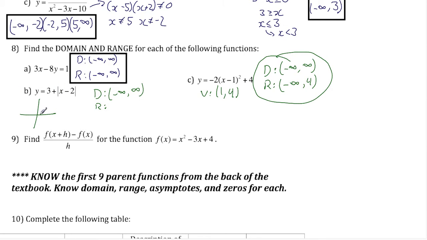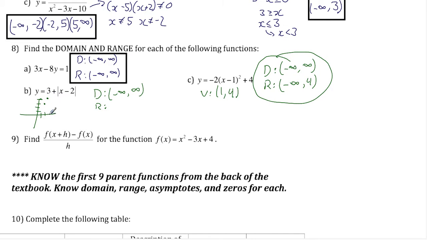When x is 2, you get y equal to 3, because this is the absolute value of 0. When x is 1, you get 3 plus the absolute value of negative 1, which is 4. So (1, 4). And when x is 3, same deal. You get 3 plus the absolute value of 1.